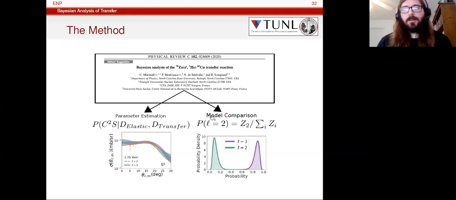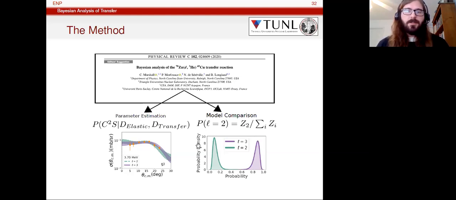Now, on the other hand, if you calculate the evidence for these two transfers and all of the other likely transfers, so for helium-3D, the most probable transfers are 0 through 3, we sum up the evidence for 0, 1, 2, 3. That provides us a normalization. Then if you divide the evidence of a given transfer, in this case the L equals 2 transfer, by this normalization factor, that gives you a proper probability that you can plug into further calculations.